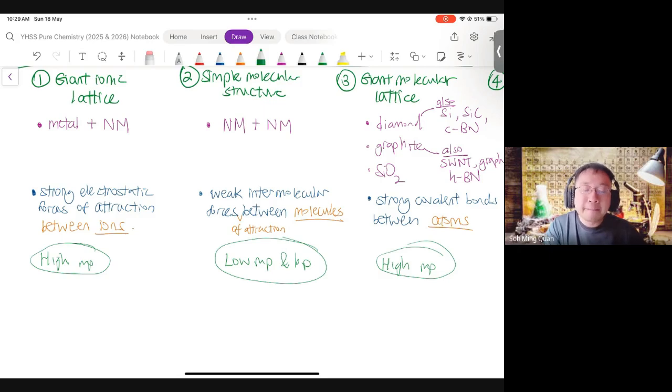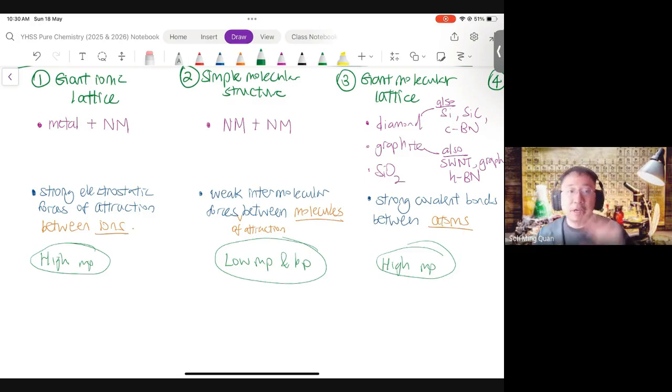There are possibly giant ionic lattices which have a lower melting point, but those are exceptions that we will give you the information to read. In a pure chem exam, reading is crucial. If you do not read the question, I can almost guarantee you're going to go off the wrong track, and you don't want that to happen. Please cater time for reading.